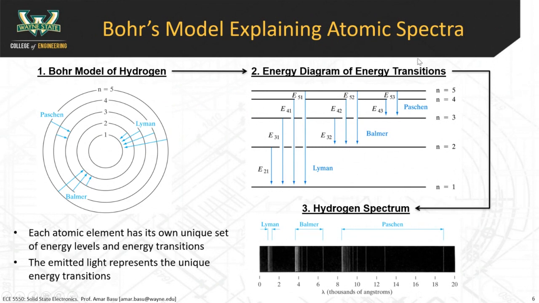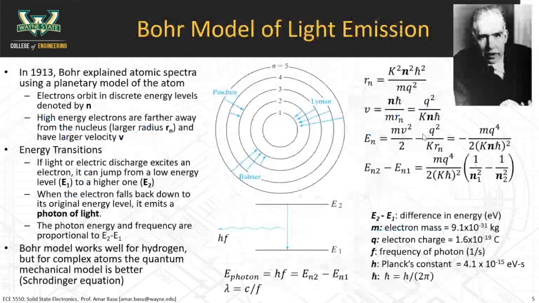Discrete lines in the spectra correspond to discrete energy transitions in the atom. And that's how Bohr and Einstein and others concluded that the electrons must be in discrete energy states in the atom. So the Bohr model was a big advance, and it works well for hydrogen, but for more complex atoms, the Bohr model breaks down, and the atomic spectra don't always correspond to it.